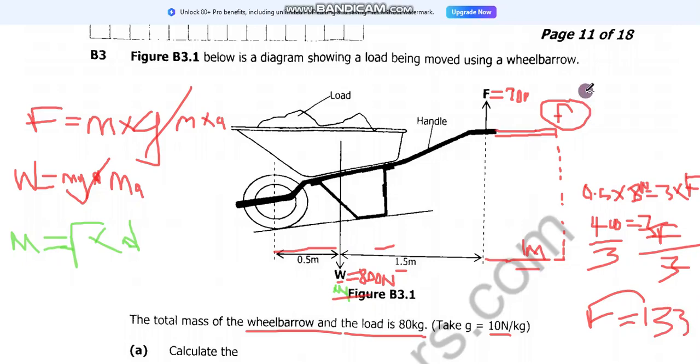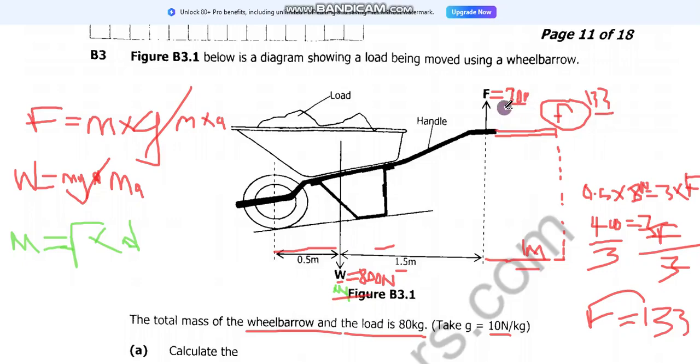So therefore the force here will be 133.33. So you can see that after making the handles longer, the force reduced from 200 to 133.